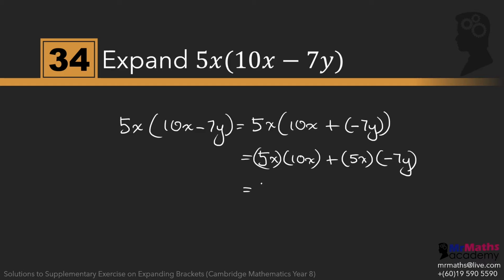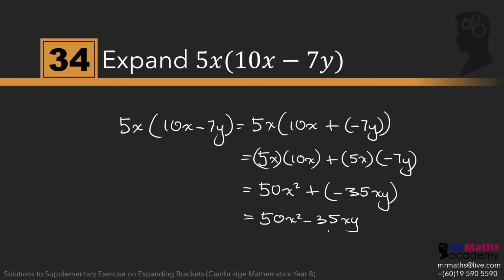So 5 times 10 is 50x squared plus 5 times negative 7 is minus 35xy. And plus meeting a minus becomes a minus. Next question.